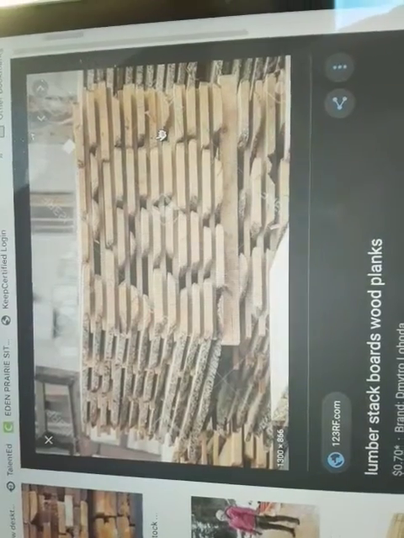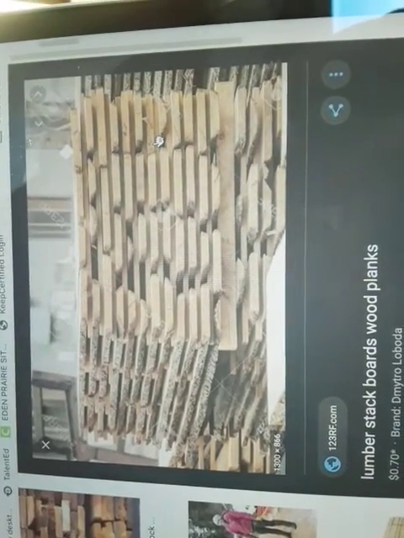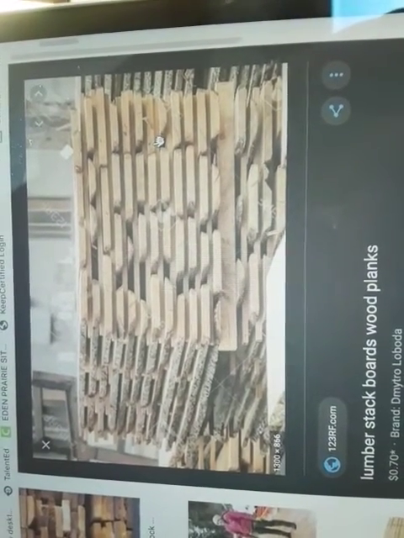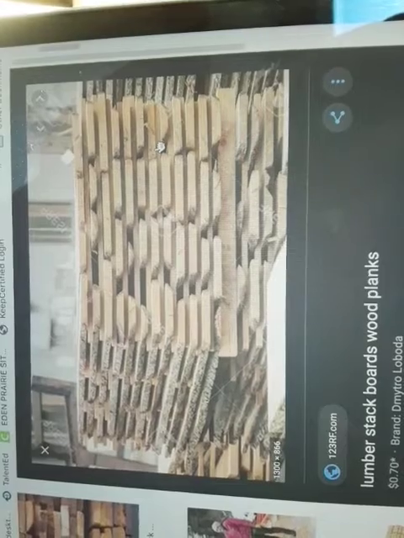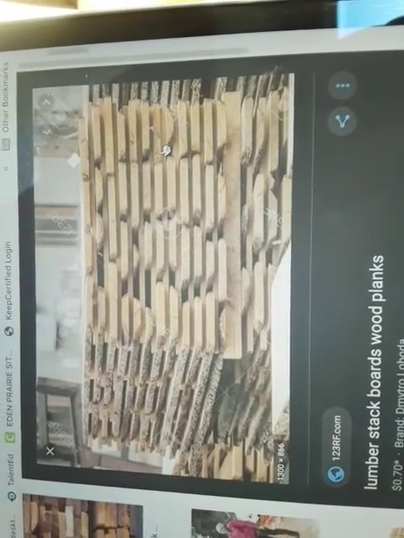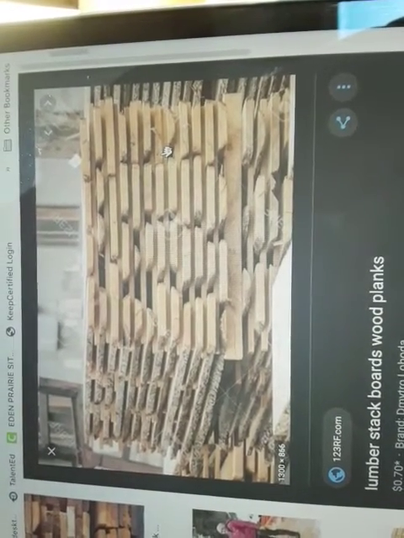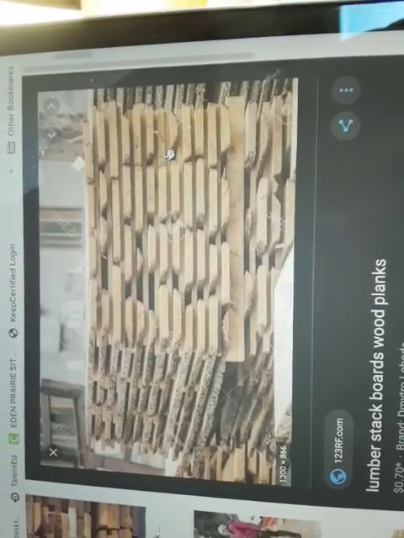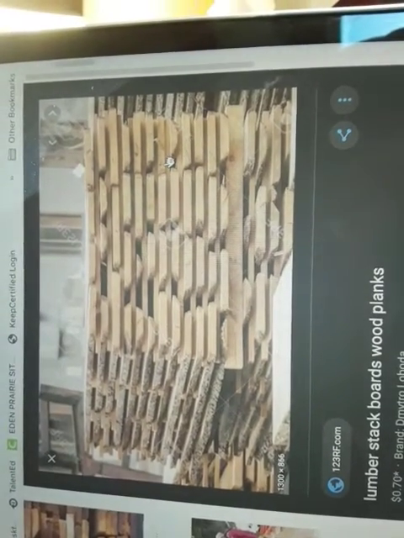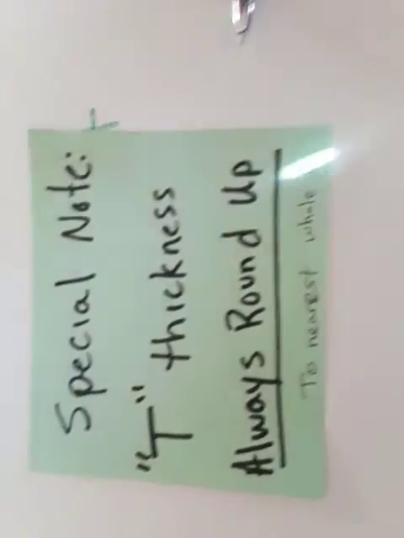When I order materials from the lumber yard, I tell them to surface two of the faces of each board so they get down to 3/4 and really smooth them out. They start out as 1 inch, so that's why we have to round up.